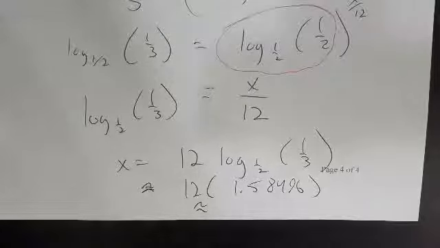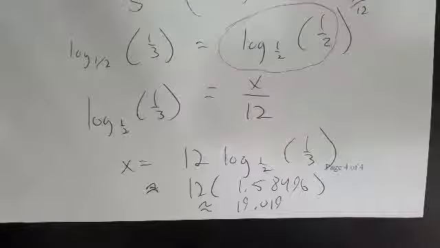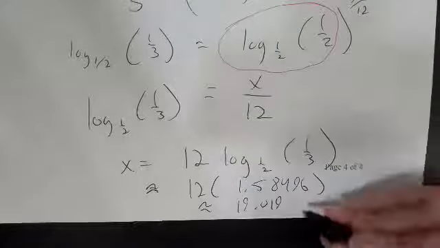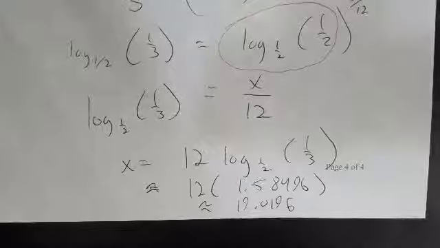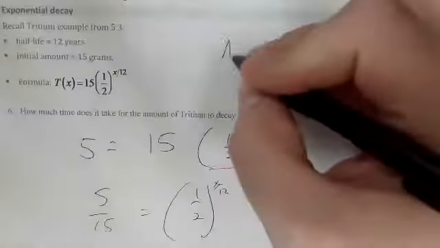And if I multiply these two things, I'm getting 19.019, something like that, 196. I guess I should round it up. So you could probably say about 19 years.